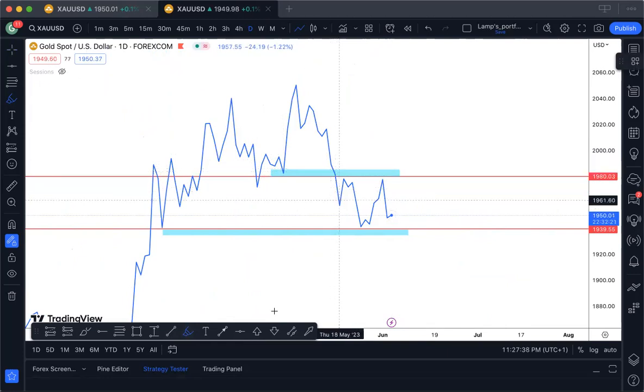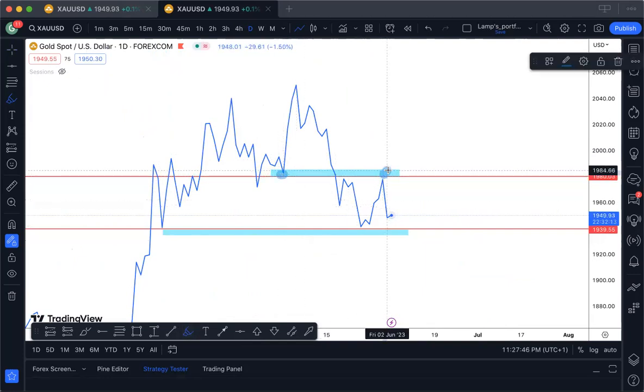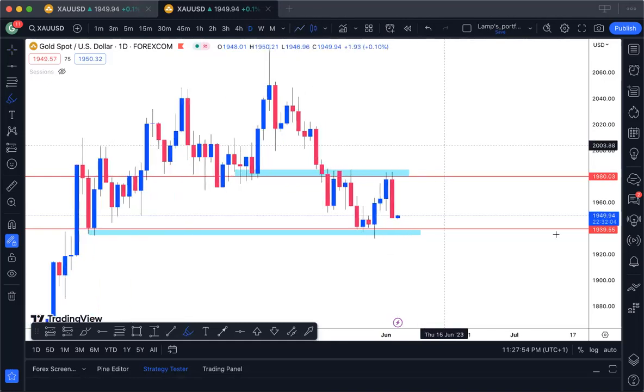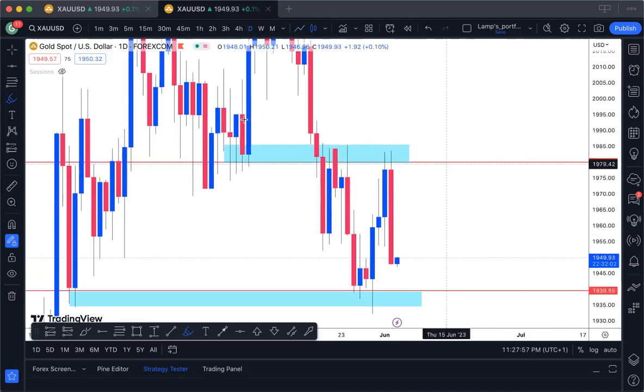So now support will now become what? Resistance. Right? Good.